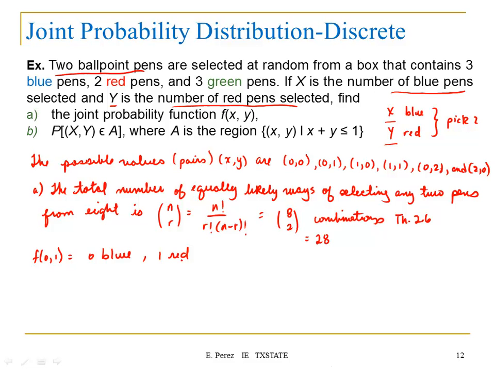The first coordinate x is for blue, and y is for red.